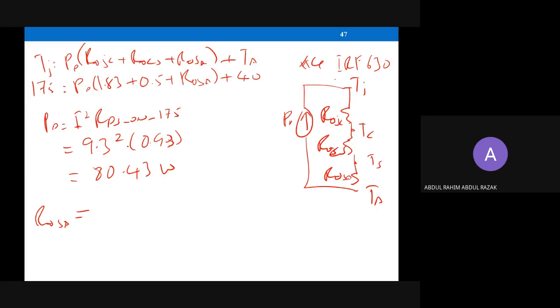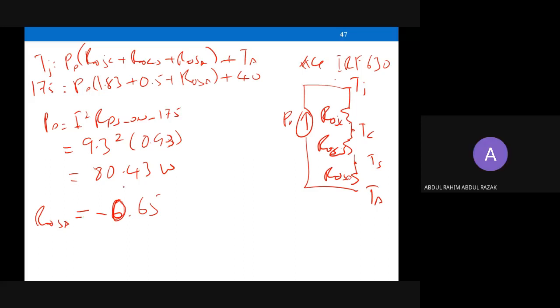You will get negative 0.65. Is it? Negative 0.65. It means less than 0, below 0. So is it possible to get this kind of heatsink?